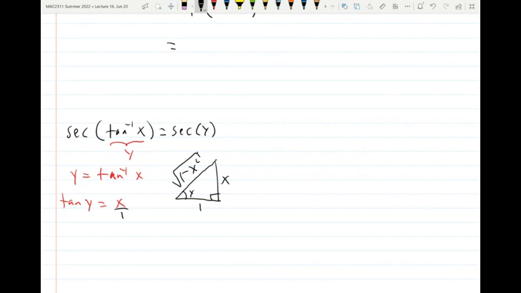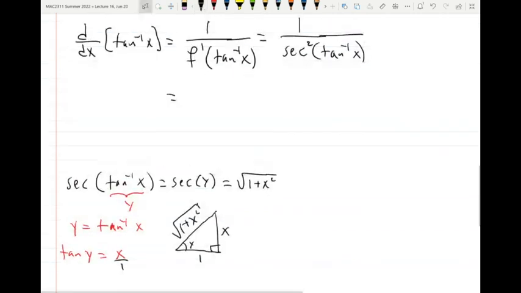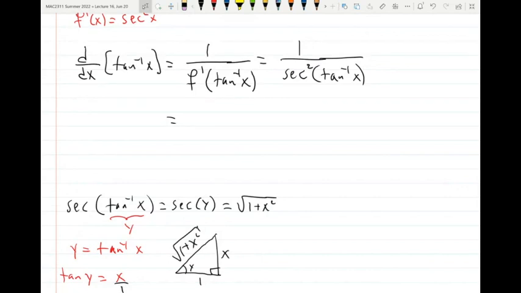So this equals the square root of 1 plus x squared. Plus, because this is the hypotenuse. So it's 1 squared plus x squared equals c squared, so it's a plus, not a minus. It will be a minus if you have to solve for one of the legs. There's a 1. Okay, so secant of y is equal to the square root of 1 plus x squared.